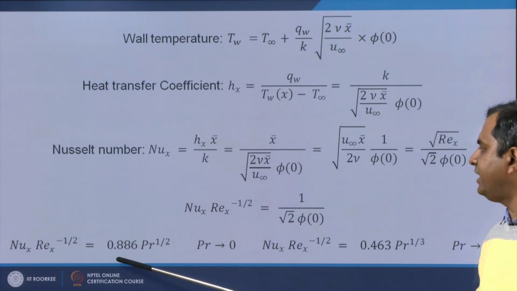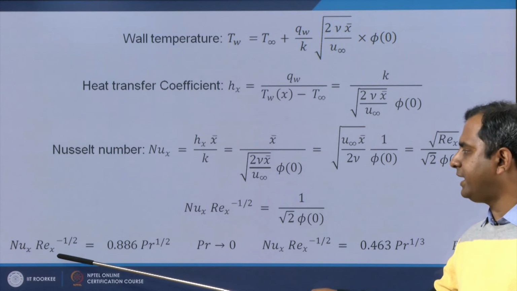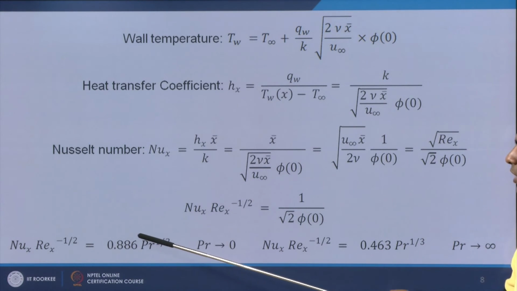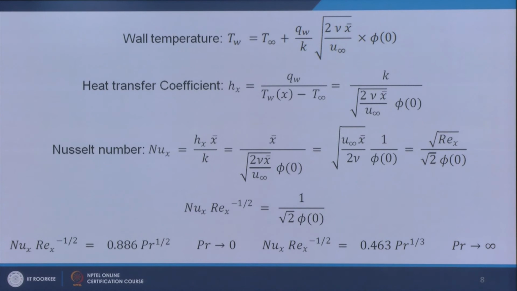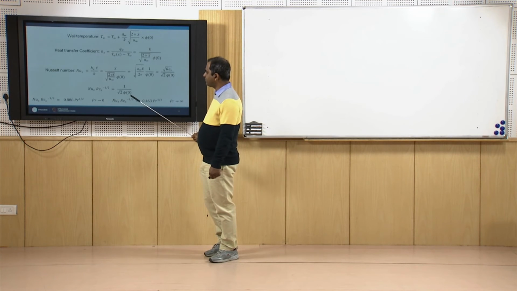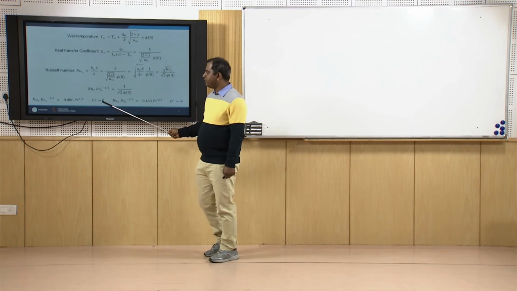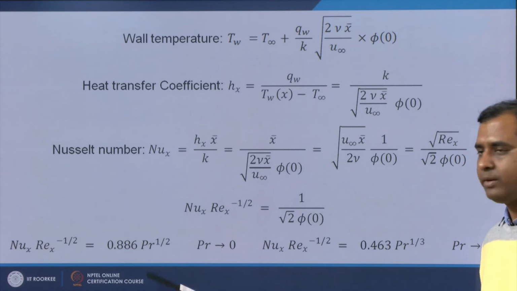Then you will find that this is actually the correlation we get for low Prandtl number: Nusselt number Rex to the power minus half is equal to 0.886 Prandtl number to the power half. Using your computational fluid dynamics knowledge, if you do the analysis of these two coupled equations, the phi equation and the f equation, you can find phi 0 for the low Prandtl number limit, and this constant 0.886 will come from there.